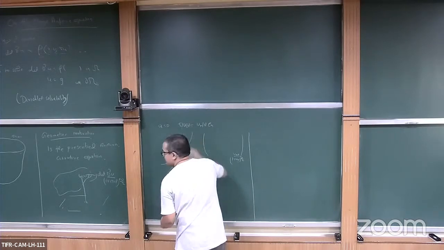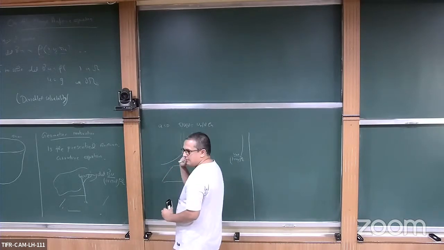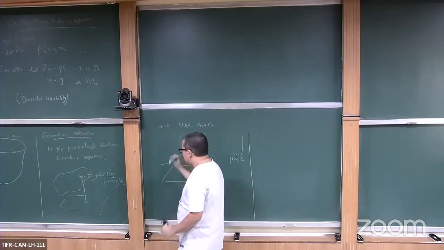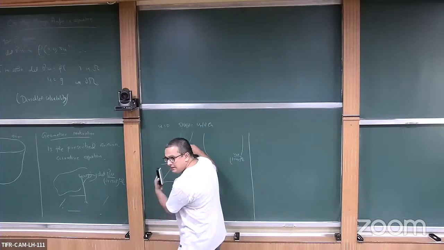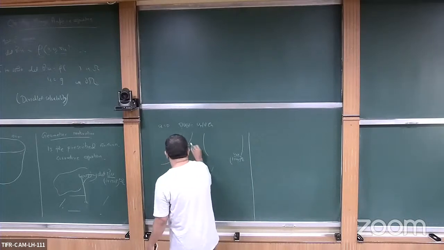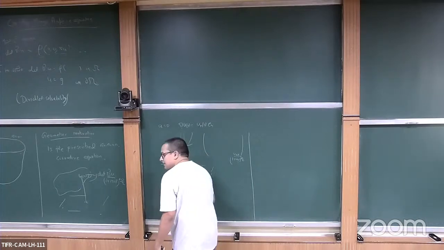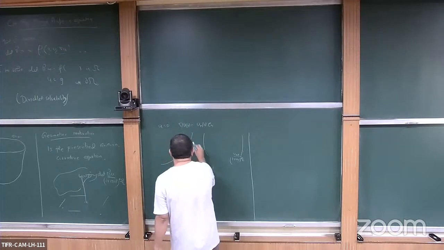This is how it would be when I cut it by a vertical plane like this. And what is the size of the maximum radius that you can inscribe in this direction? Suppose this direction is say e_i, some other direction, this would be 1 over u_ii.